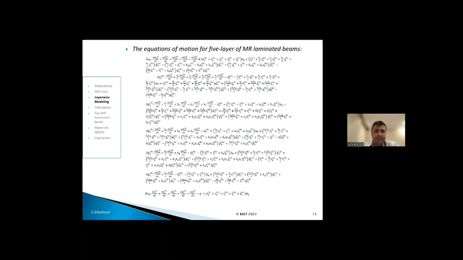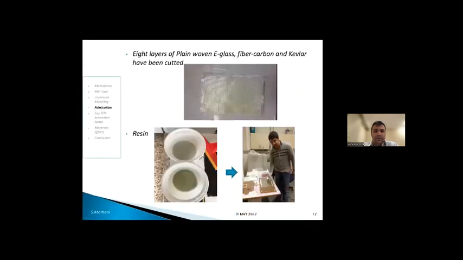In the next slide, in order to determine the experimental setup and experimental natural frequencies of the structures, at the first, 8 layers of e-glass, carbon fiber, and Kevlar have been cut into the special dimension.